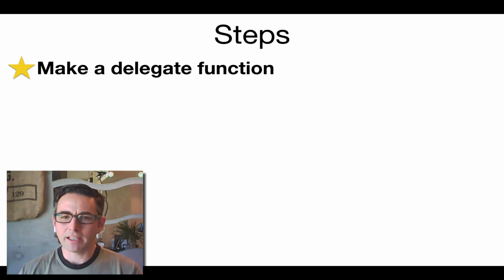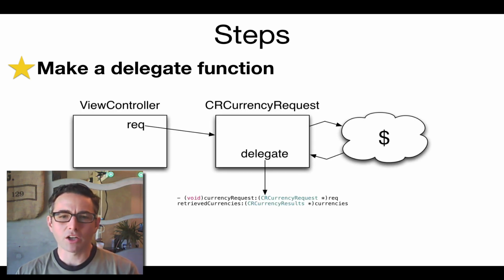So the way the delegate works is that our CurrencyRequest object, within it, has an instance variable called the delegate. And the delegate is what is called after it gets an answer back. Unless we tell the CurrencyRequest object that we want to handle that delegate response, it's not going to tell us when it gets an answer back. So we need to specifically set the delegate within the object to be our object.